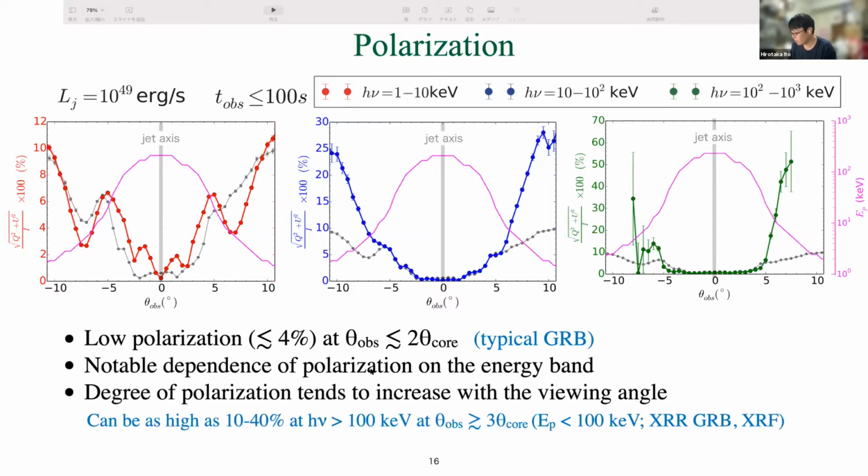So our simulation predicts that the soft dimmer burst, which is observed at the large viewing angle, tends to have higher polarization. Although it is quite challenging to confirm such a feature from the observation, in principle, these characteristics can be used to test this issue. So future missions such as POLAR-2 may provide some clues to this issue.